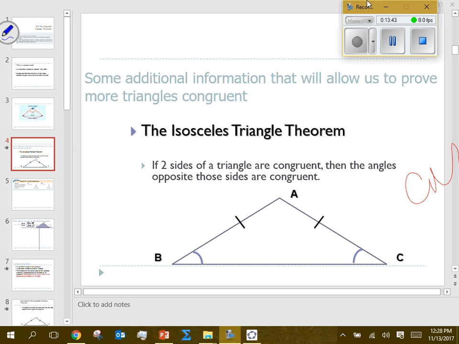You guys remember a couple days ago, I think it was section 4.1 or 4.2, when we first started introducing the triangle congruency postulates. I gave you a triangle that had differing side lengths, and I asked you, if these are different side lengths, you should be able to look opposite those and find the angles that are smallest and the angles that are largest.